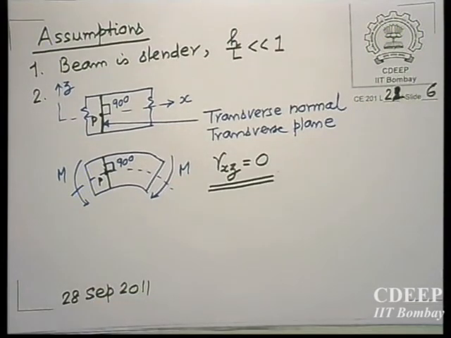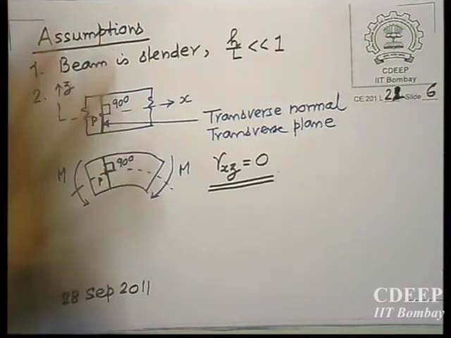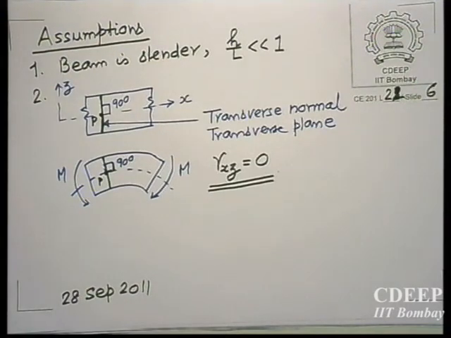This is not an assumption. In fact, we can prove from the exact theory that this is true. But then I would like to explain this. Under pure bending moment, all the normals will maintain their normality with respect to the x-axis throughout the process of deformation.